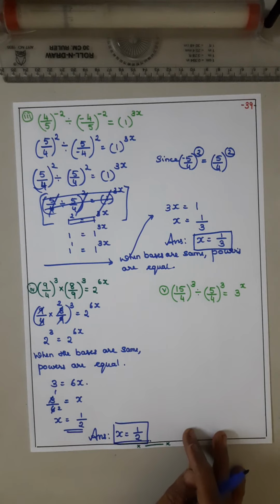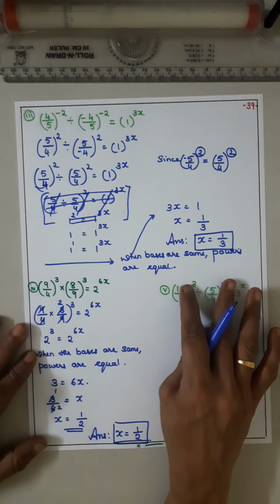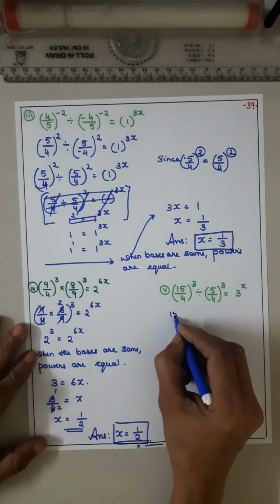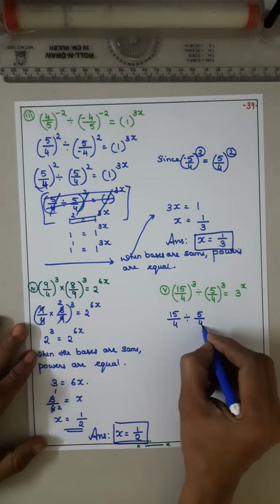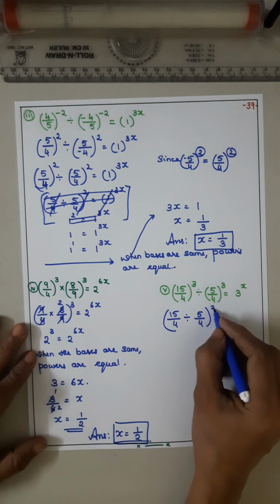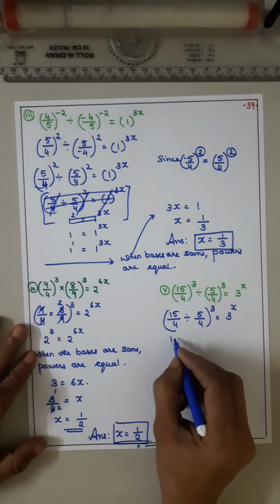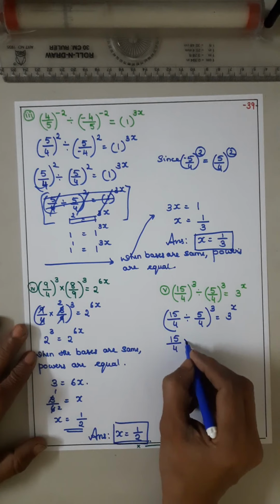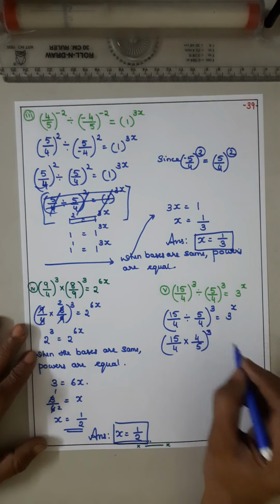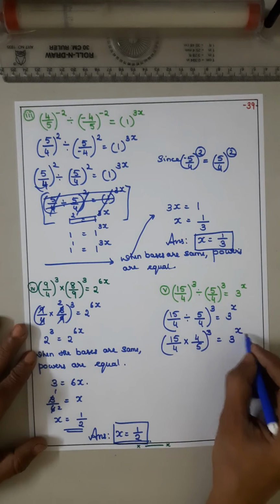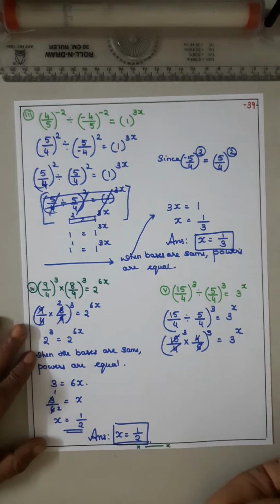Okay. Now coming to the fifth sum. Here the powers are same. So 15 by 4 divided by 5 by 4 the whole raised to 3 is equal to 3 to the power x. Now division means multiply the reciprocal. Right side will be same. 4 get cancelled. 5 ones are 5, 5 threes are 15.